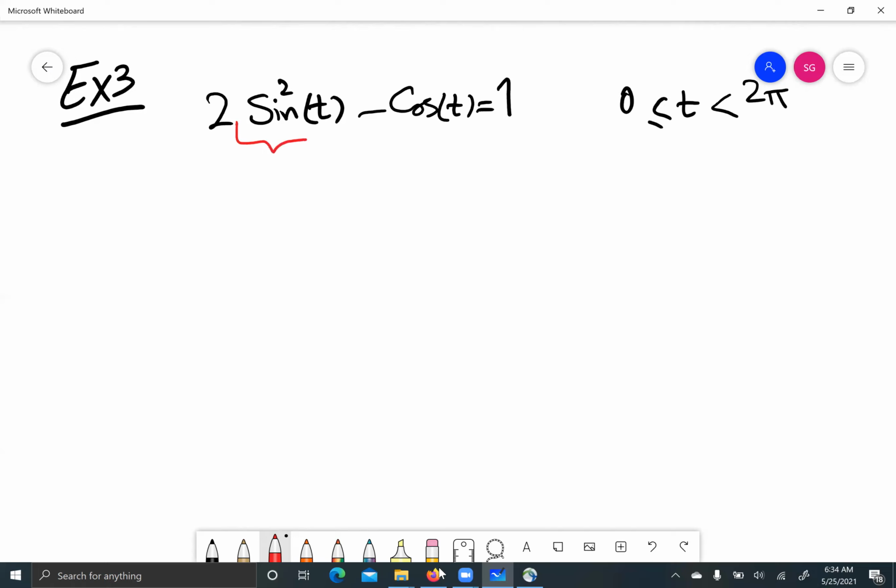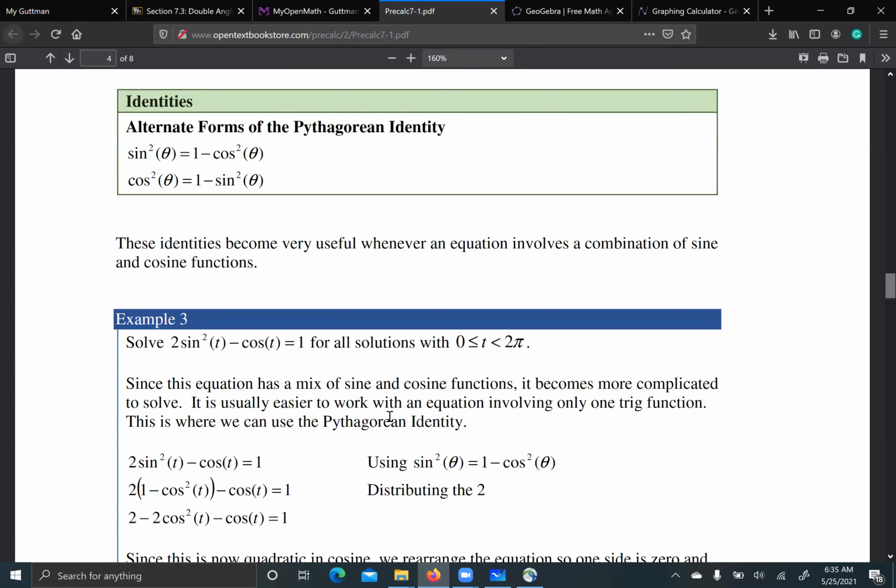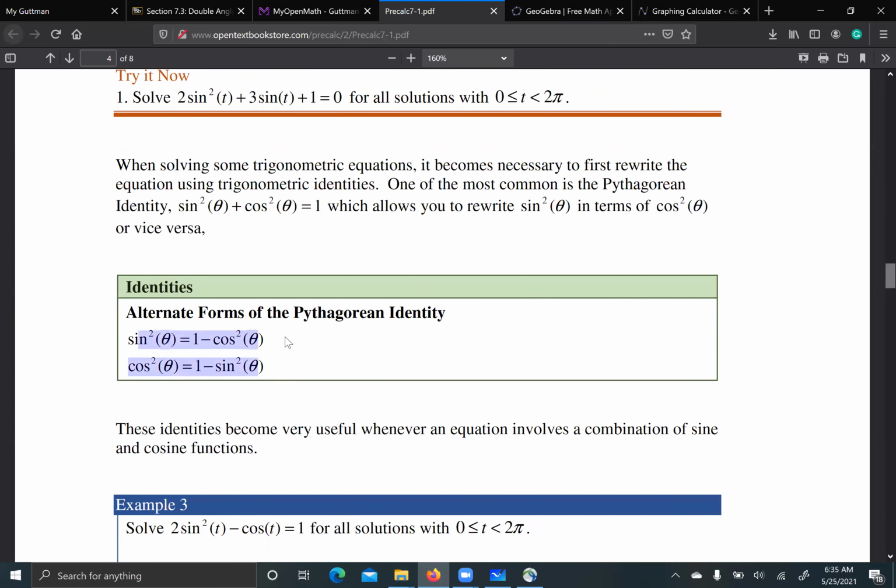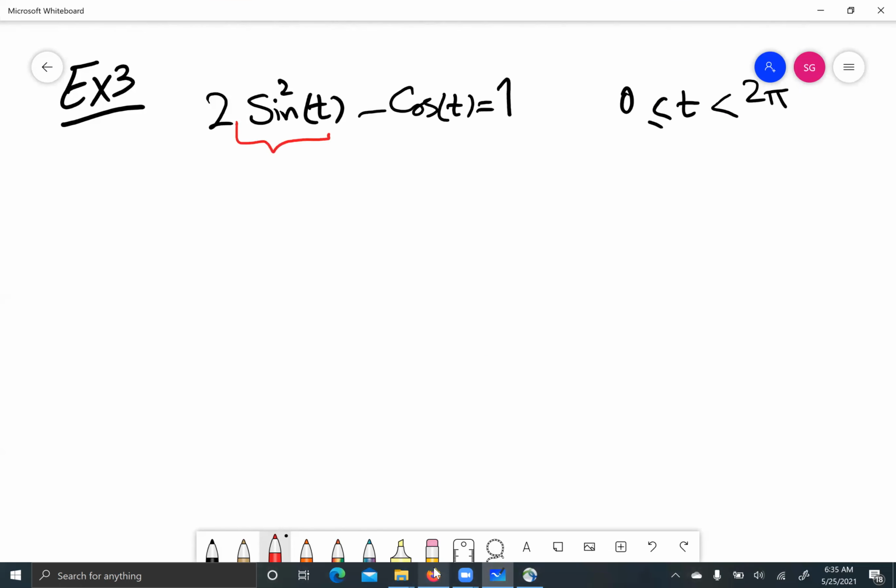So I'm going to use this identity: sine square plus cosine square is 1. So we can rewrite sine square as 1 minus cosine square of t. So here I'm going to rewrite sine square as 1 minus cosine square of t.